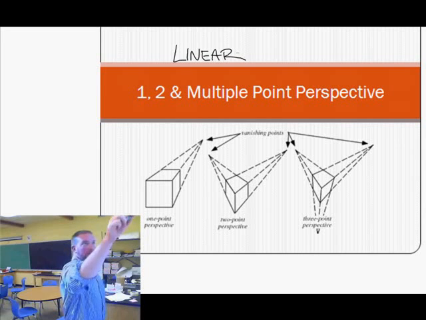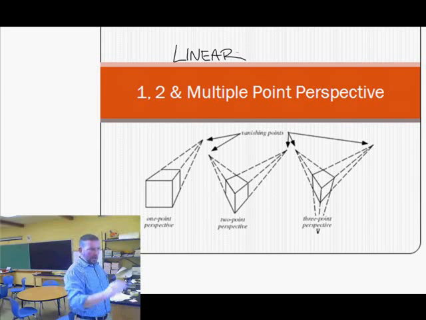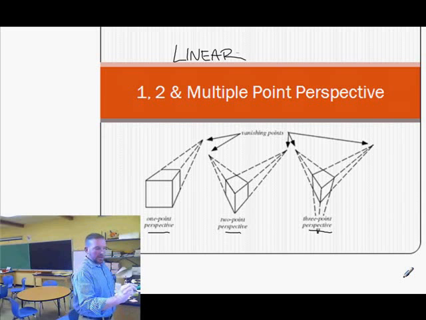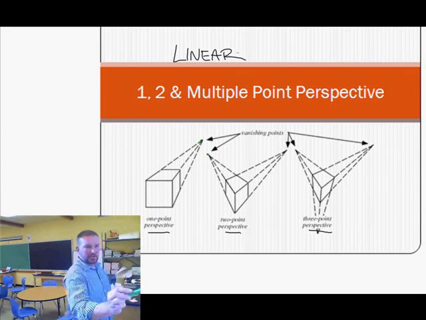Linear perspective, or the perspective of lines, is what's illustrated in this diagram here. 1, 2, and 3-point perspective. In linear perspective, you have lines converging at a single point, or points in this case.